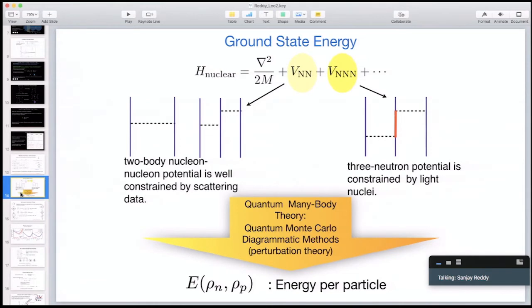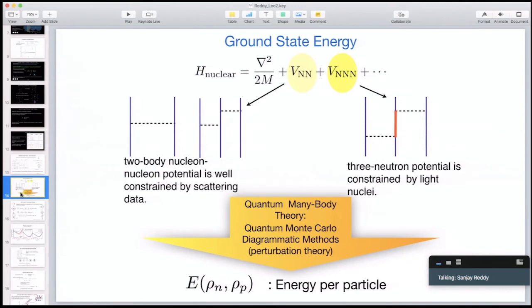which is important for astrophysics, then I need to specify what method I'm going to use to solve this Hamiltonian, to go from the Hamiltonian to the energy per particle. So that's what is called quantum many-body theory.